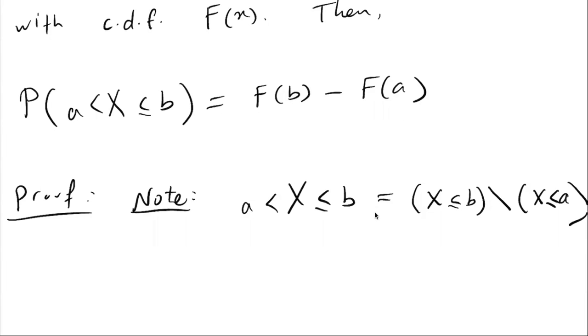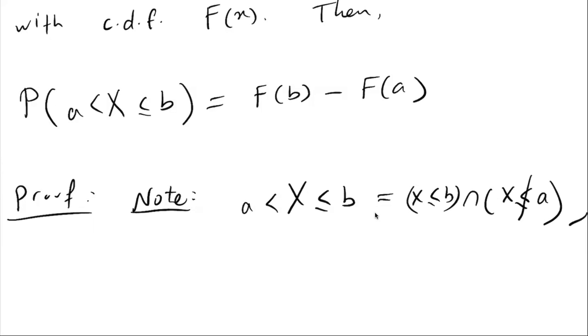So that means X is less than or equal to B, and maybe I can justify this way. See, this is same as X less than or equal to B, and X is not less than or equal to A.